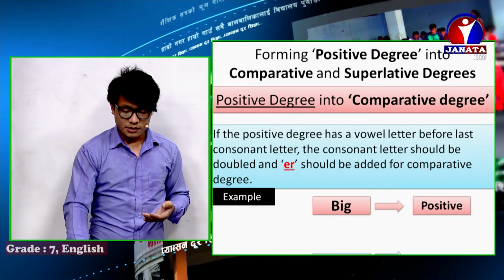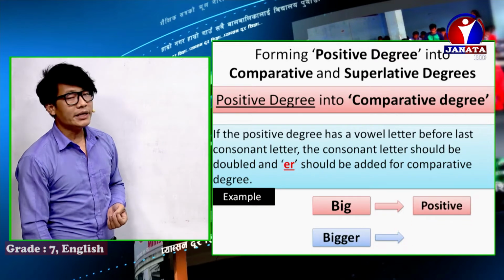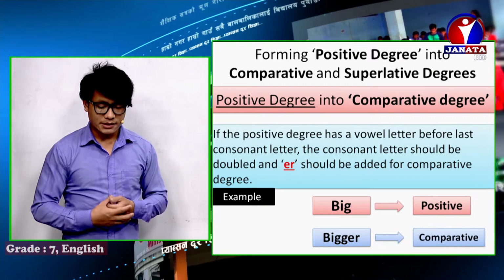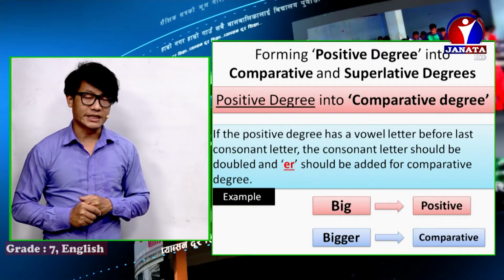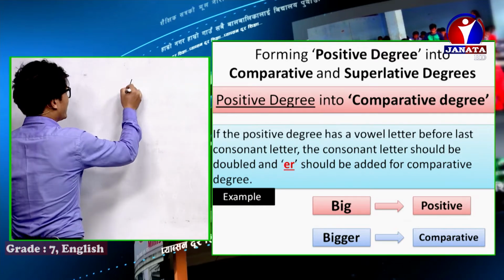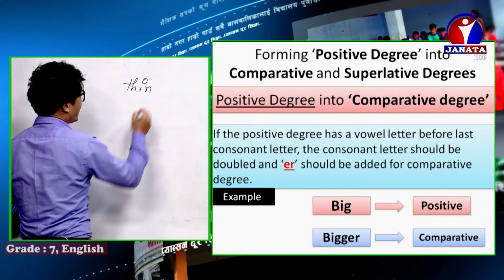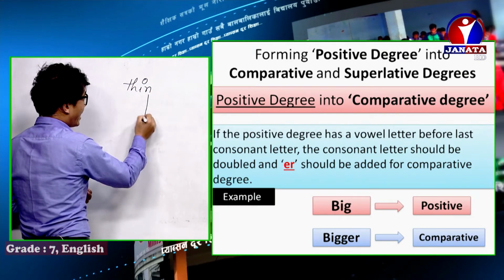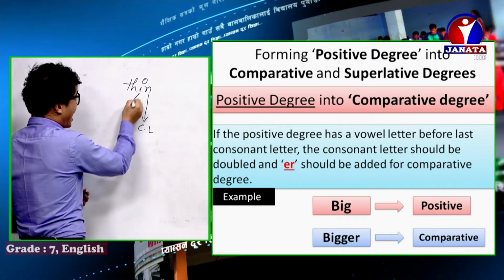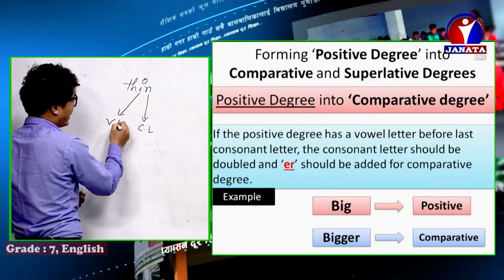So here, B-I-G-G-E-R, bigger, and this is called comparative degree. Let me give you more examples. Suppose T-H-I-N, thin. N is a consonant letter and I is a vowel letter.